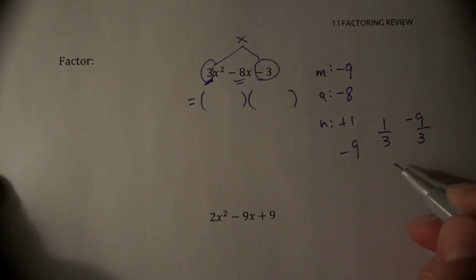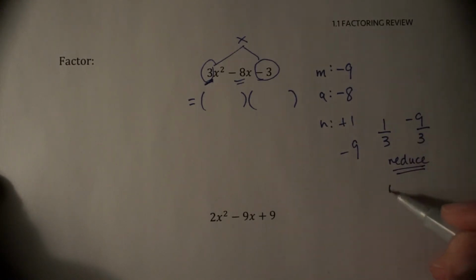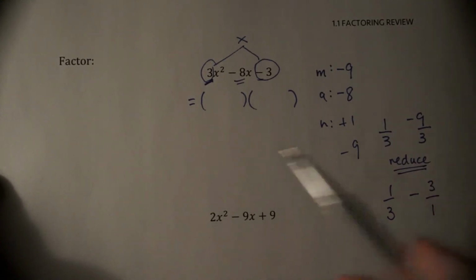And here's the part that's important to get this to work right: we're going to reduce our fractions. So 1/3 is already reduced. We can just leave it. Negative 9 over 3 will reduce. It's negative 3 over 1. We're just reducing, they're both divided by 3. So now that you have these 2 fractions, this is where the algorithm part goes in.